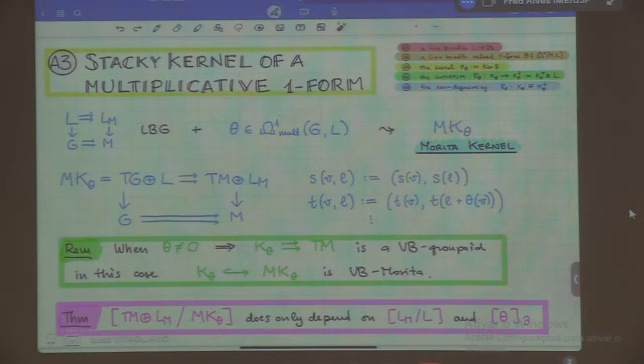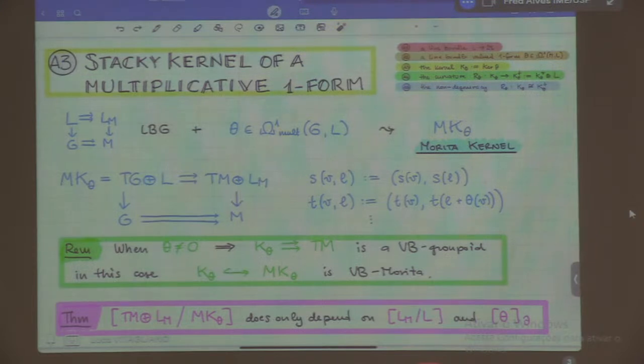And if we do this by multiplicativity, the kernel is a groupoid itself. And it turns out, in this case, the embedding of the kernel into the Morita kernel is actually a VB Morita map, so they define the same VB stack. And in this sense, this is a good replacement for the kernel of the multiplicative one-form.